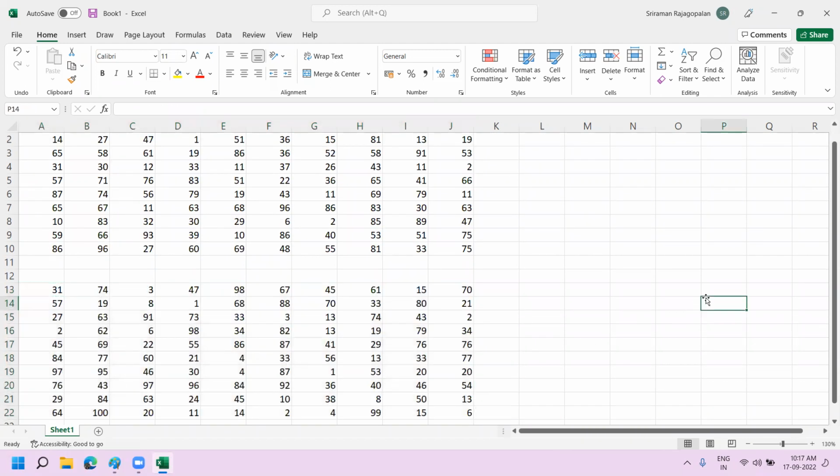And then you can generate your array like this, with this minimum number and this maximum number, whatever number you want to enter.